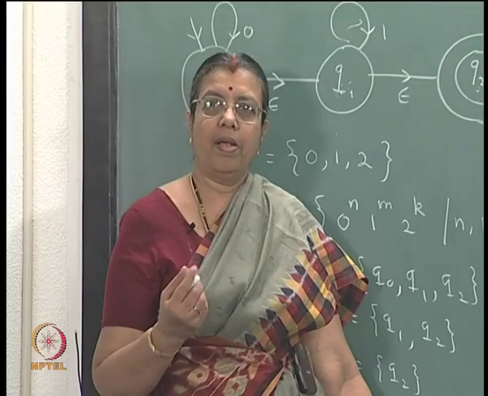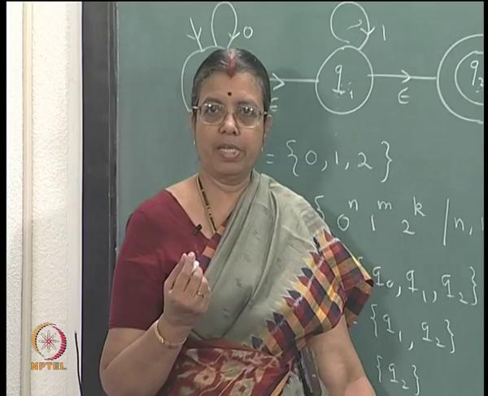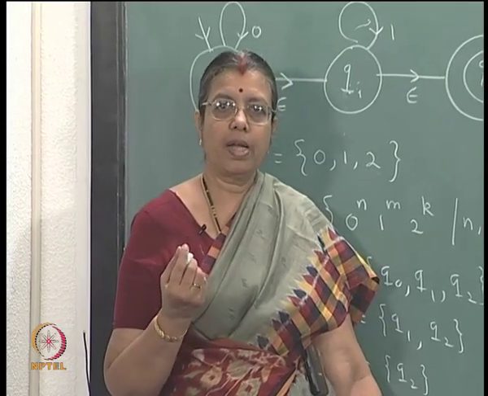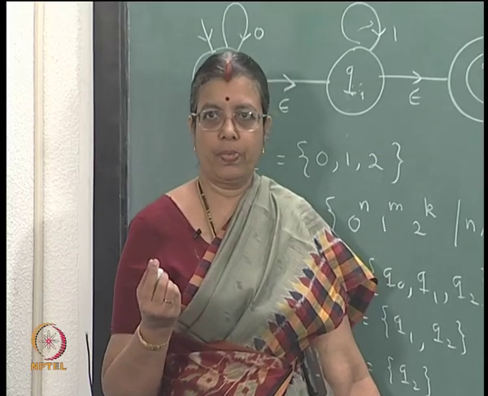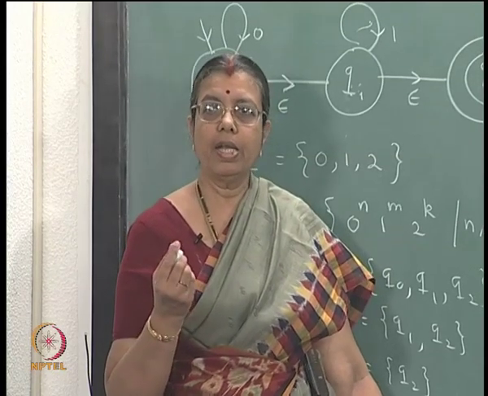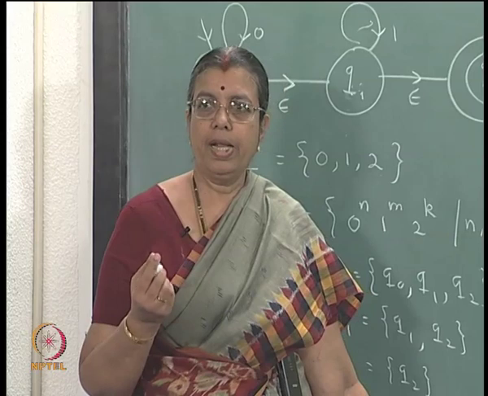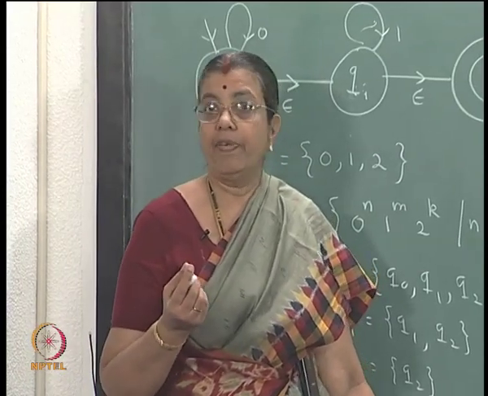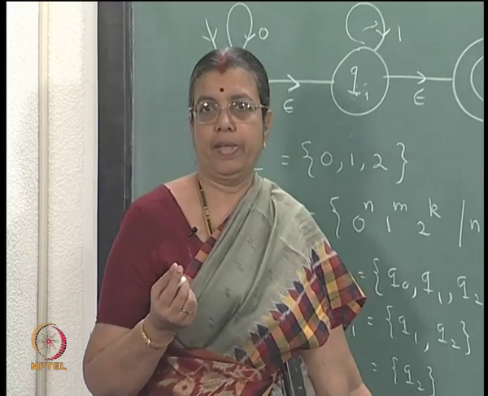See, usually in the non-deterministic automaton and deterministic automaton, you say delta cap of Q, epsilon is equal to Q, isn't it? That is, when you are in state Q, if you are not reading any symbol, you will be in the same state, if it is a DFSA or an NFSA.